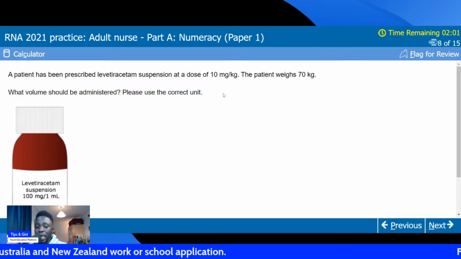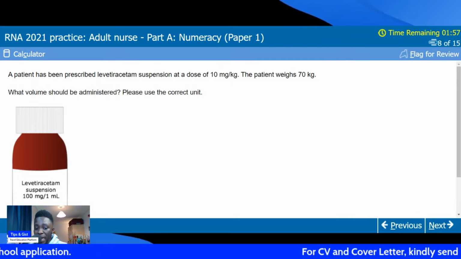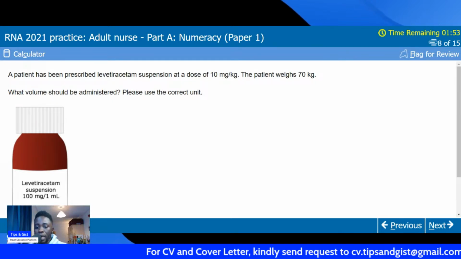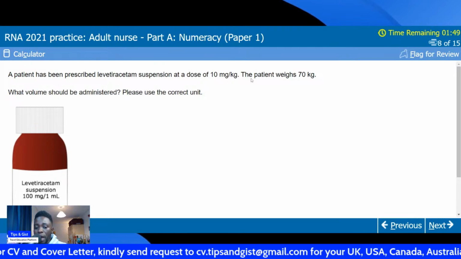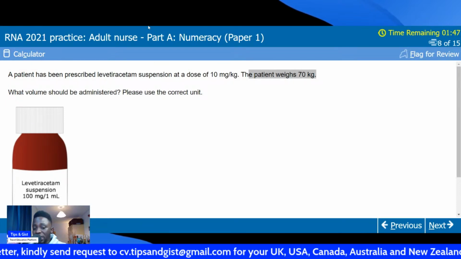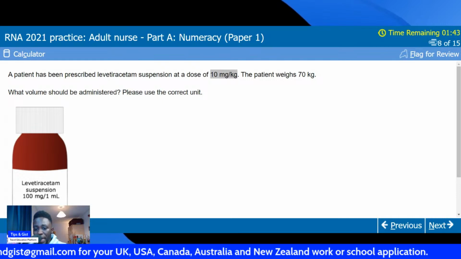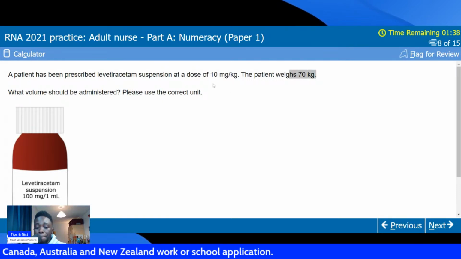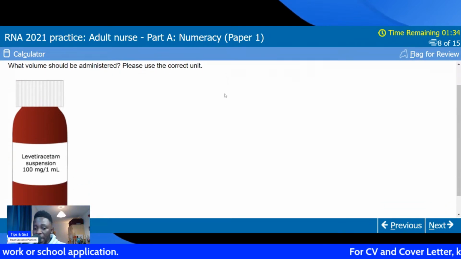The doctor didn't prescribe the exact figure, but says the drug is 10 milligram per kg, and you go and weigh the patient and know the exact dosage. So you weighed your patient and got 70 kg. That means 10 multiplied by 70, you get 700 milligram. So the doctor is telling you to give 700 milligram.